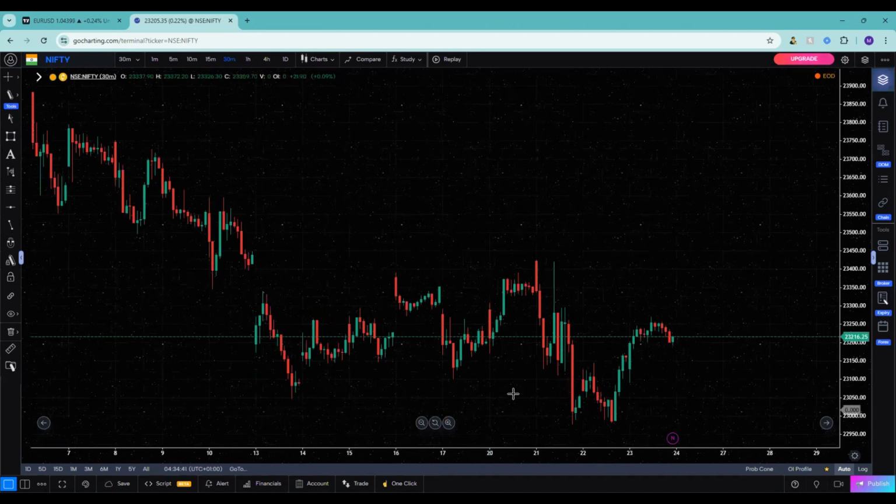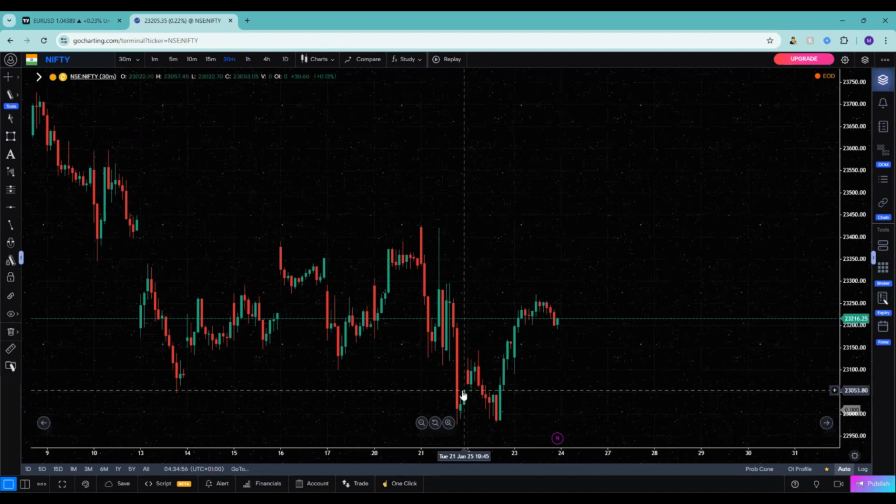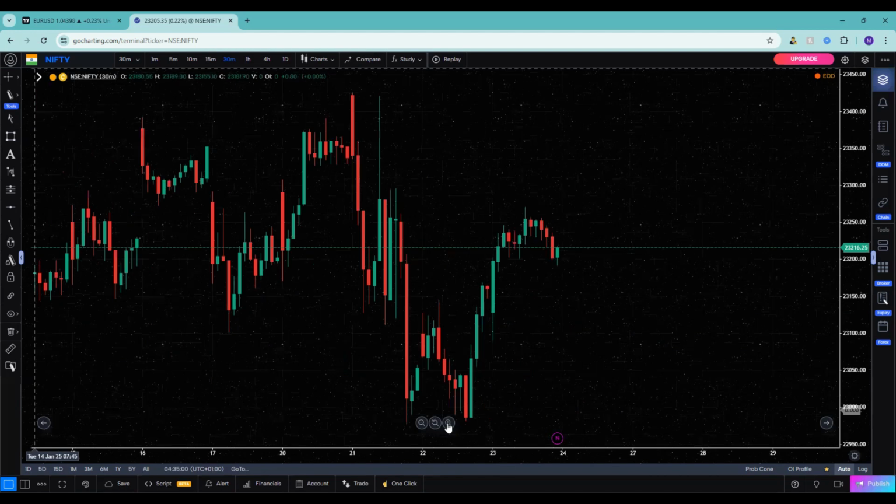Price has been in a downtrend all the way down here. Now it's retracing up. But after getting up, I think it's beginning to come down again.